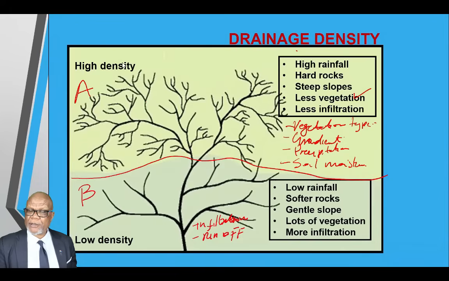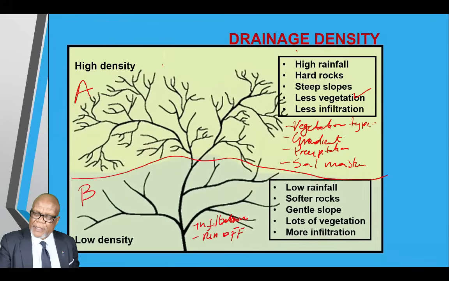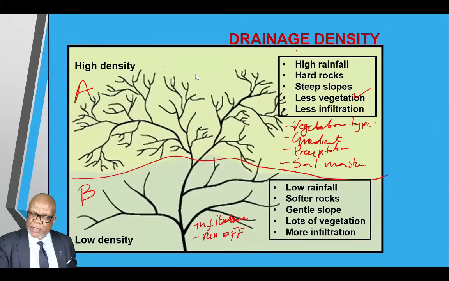Now, when you're looking at A, what is the type of soil, or the type of rocks here? At A, there is hard rock. Because of hard rock, there's going to be more surface runoff and less infiltration.